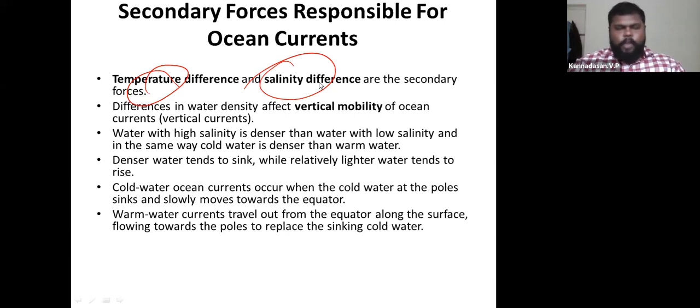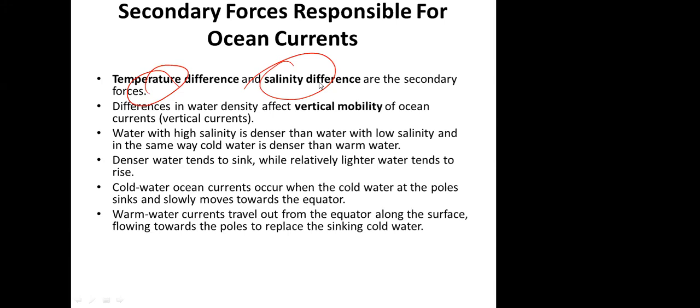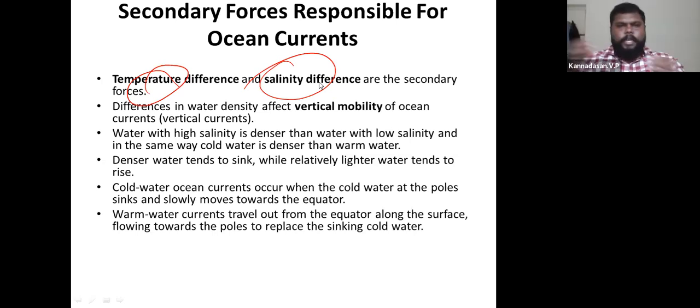When you heat water, it expands. Am I right? When it expands, that means density is low. So once it expands, water density decreases. Cold water is the exact opposite. Since it is cold, density is high.